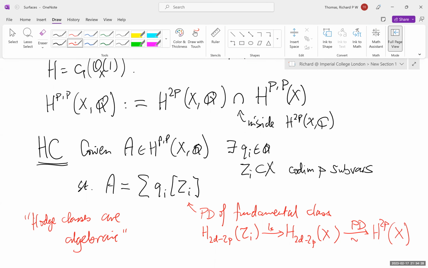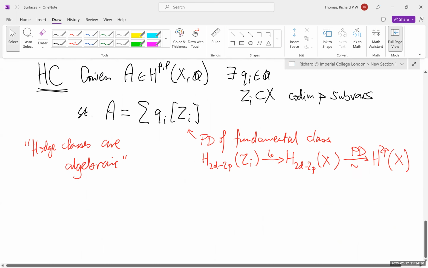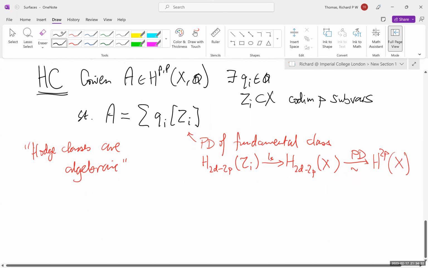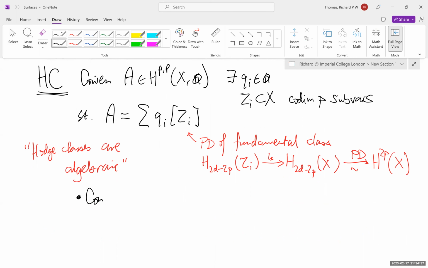Okay. And there are a bunch of points to note. So the converse is kind of trivial. If you have an algebraic class, this sum of Z_i's, then it's immediately Hodge, because for any subvariety, its fundamental class, it's an easy exercise to show it actually lies in these Hodge classes.